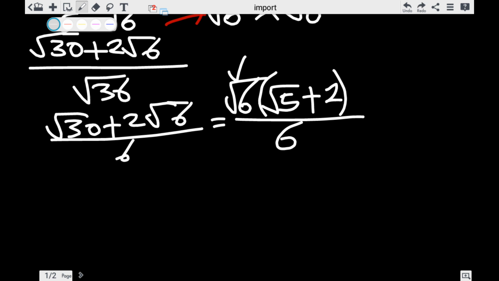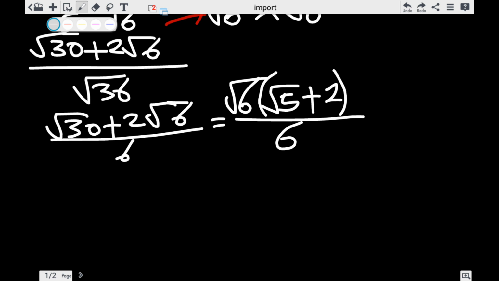Because the square root symbol covers this 6, it is like a restriction that deters it from being divided by this 6 over here.